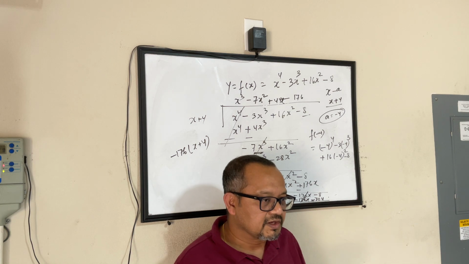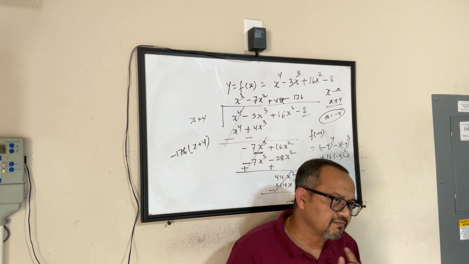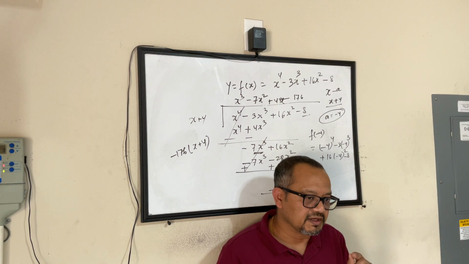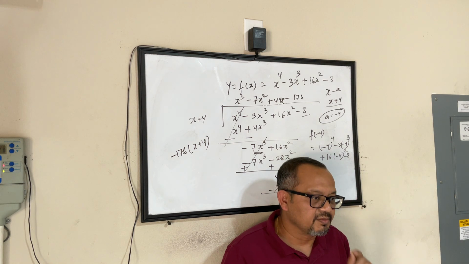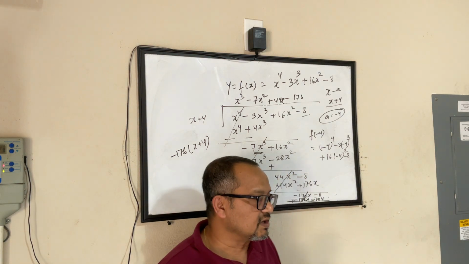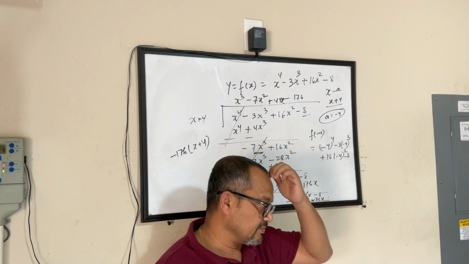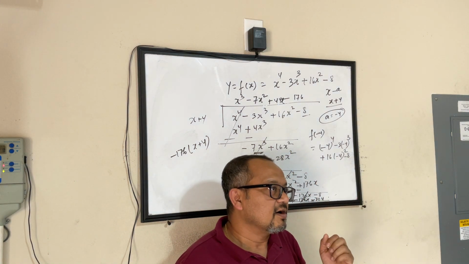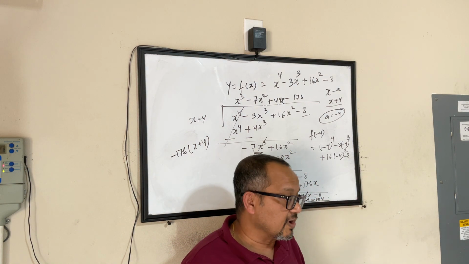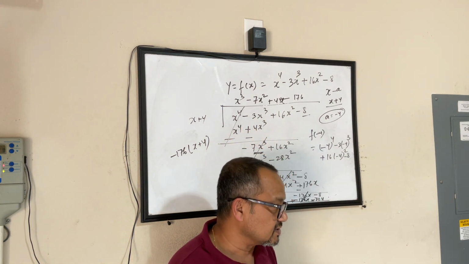So there are two key concepts that we learned, or in fact we learned only one concept, that is polynomial remainder theorem. And this polynomial remainder theorem is nothing but a magic wand for solving any problem when it comes to finding out the remainder from dividing a polynomial by another expression.